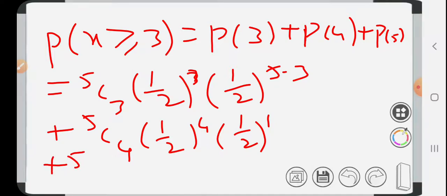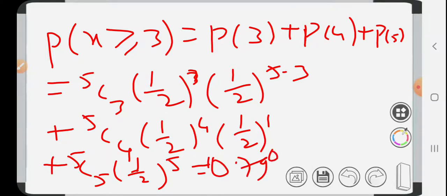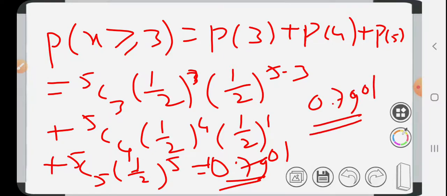Already we have found this 5C5. If you want to compute again, do it, otherwise directly write 1 by 2 raised to 5, right? And add this, do it by calci, you will get 0.7901, I think so, 0.7901. This may be your answer.